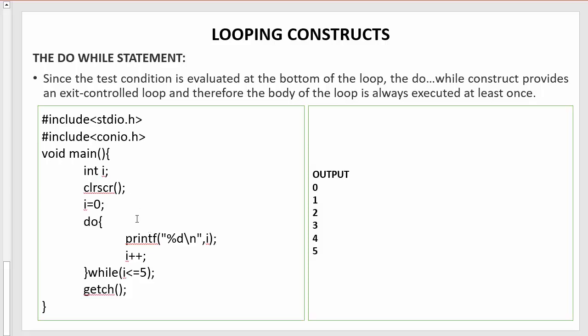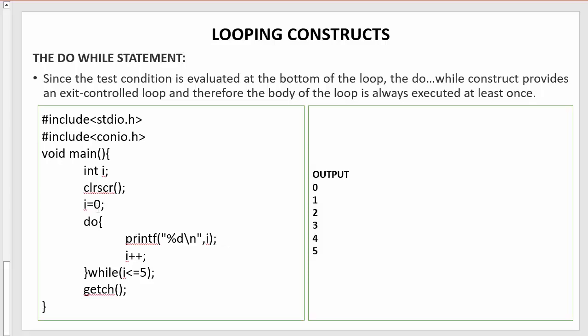Here you can see I have written down an example, which just prints the numbers from 0 to 5. I started this program with the header files stdio.h and conio.h followed by void main, and then declared an integer variable I and initialized it to 0. The first time control comes to the do keyword, it goes inside the curly bracket where the statement is executed.